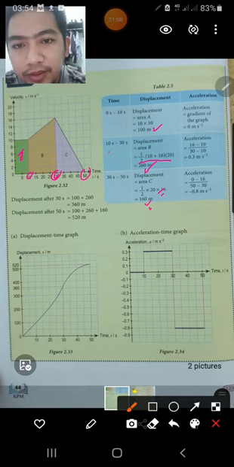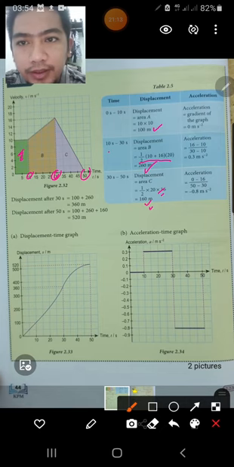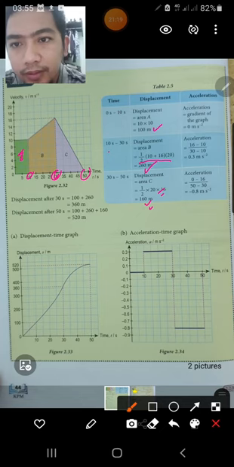So you will get 160 meter. Alright, and then how to find the acceleration? This is a velocity time graph, which means the gradient shows the acceleration. So from 0 second to 10 second, the gradient is 0. Right? You can see it is straight.